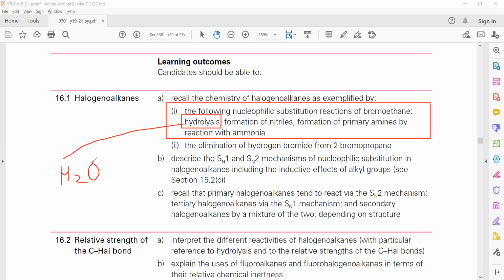So when you do the substitution with the OH, you do it with just the OH, like sodium hydroxide, but you don't put it in an ethanolic solution. If you put it in the ethanolic solution, you're going to get the elimination reaction, and the elimination is not what you want, because that's going to form the alkene. That's not going to do the substitution.